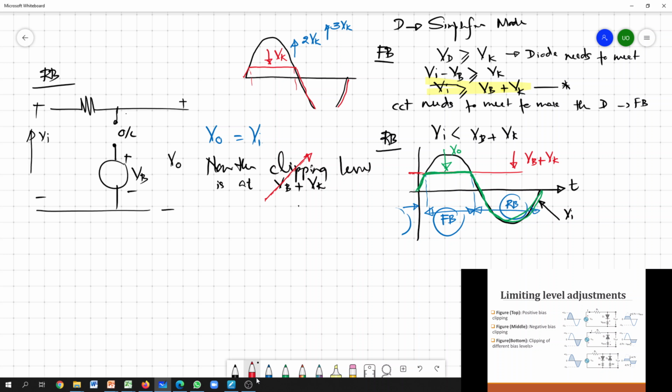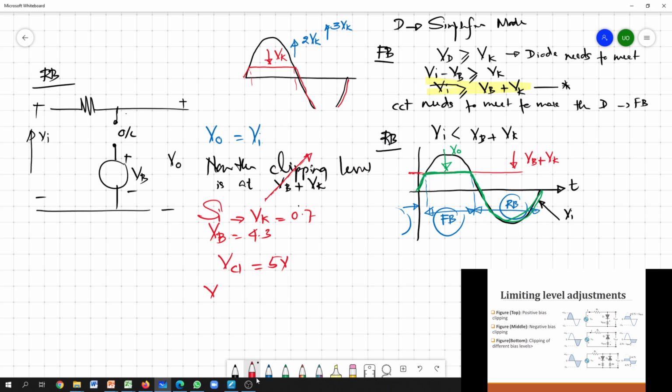For example, let's assume we use a silicon diode, so VK would be 0.7. Initially let's set VB to 4.3. Then the clipping voltage, we'll call it CL, is the sum of these two, so 5 volt.